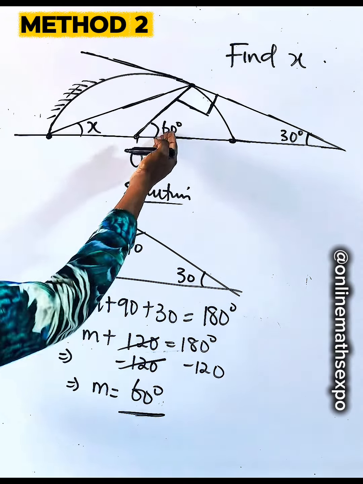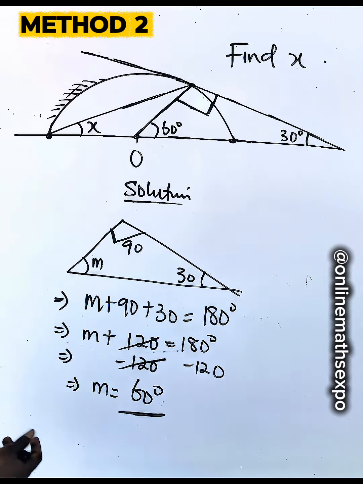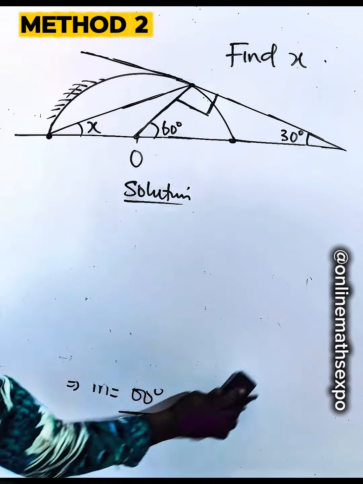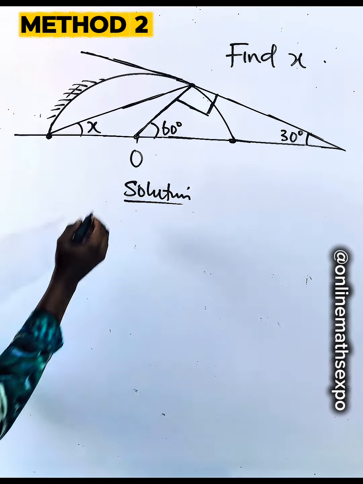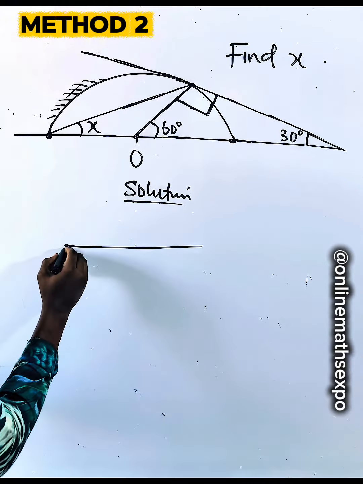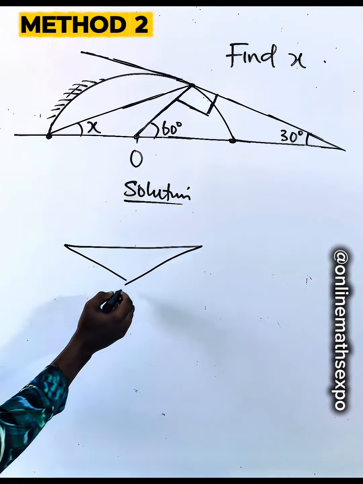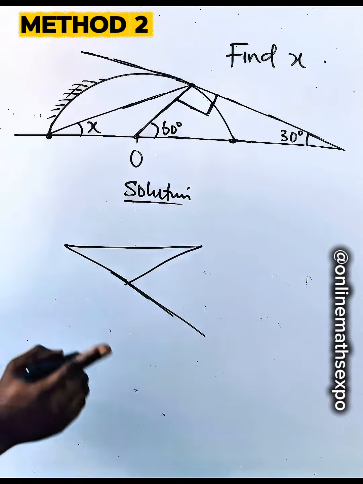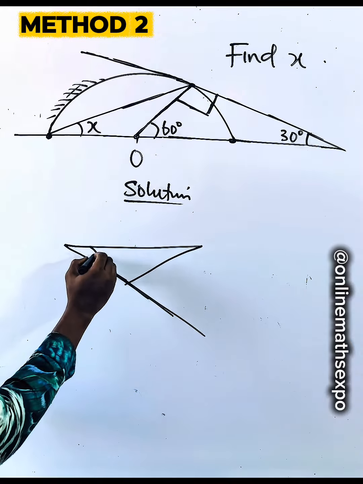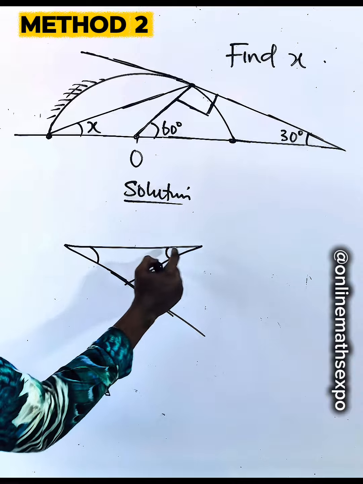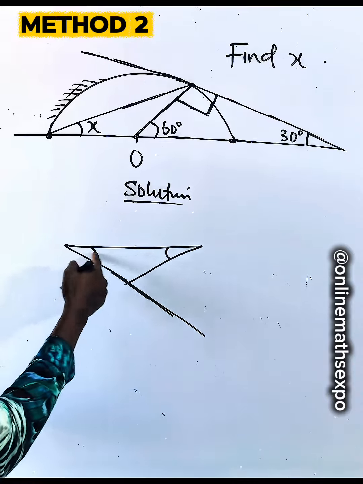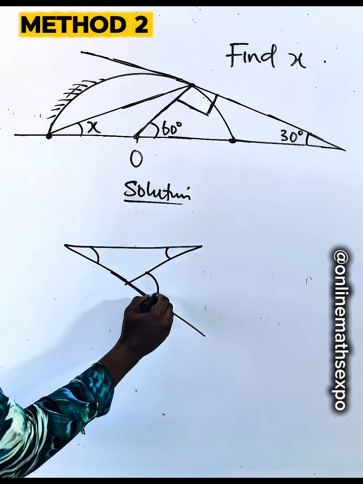So having gotten 60 here, what does that mean? Remember your triangle property. When you have a triangle drawn this way and there is an extension of a line, there's a theorem that says the two angles the triangle forms inside, when you sum them together, give you the exterior angle.